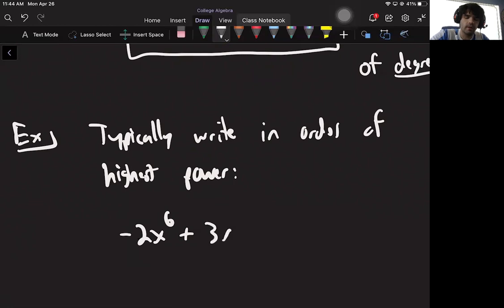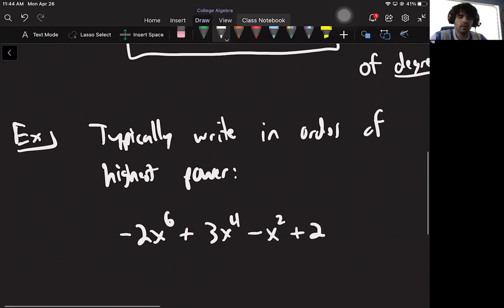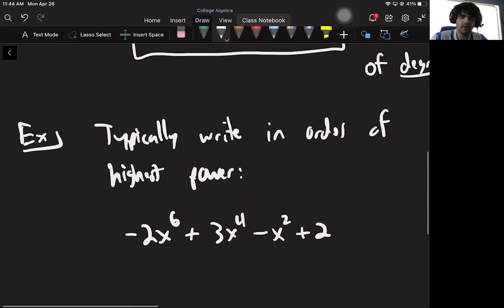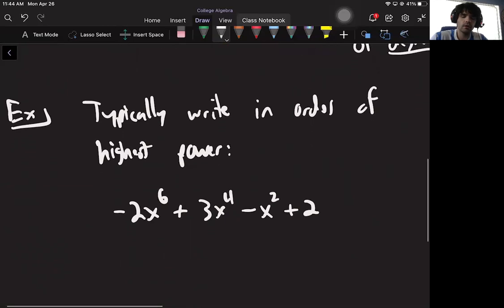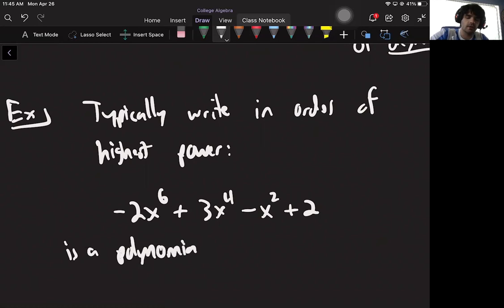If x to the 4th was the next biggest power, you would write it next. Something like this. You would write it in this order because 6 is the biggest, then 4, then 2, and then 0 powers, aka just a number. So this is another example. And it's of degree 6, right? Because 6 is the biggest. It's a polynomial of degree 6.